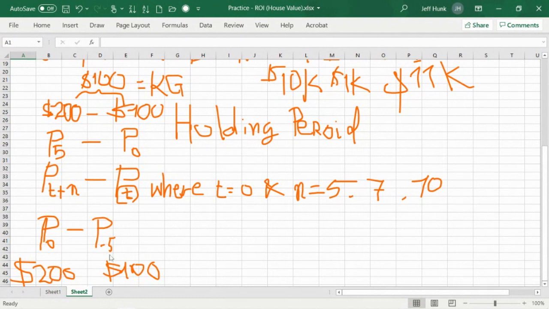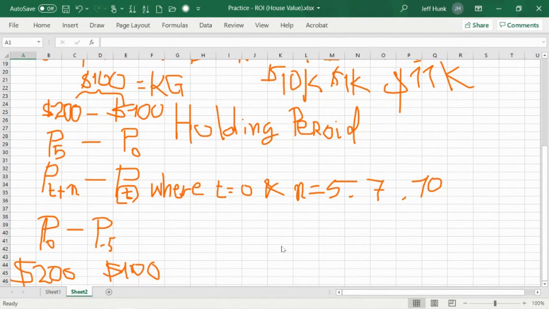P subscript minus 5. So time minus 5. T minus 5 is what? That's past. Make sense? Everyone, nobody's saying anything. Yes, that makes sense, doesn't it?